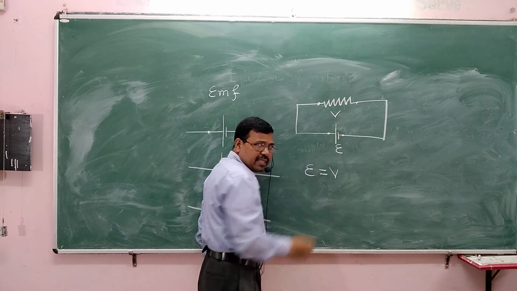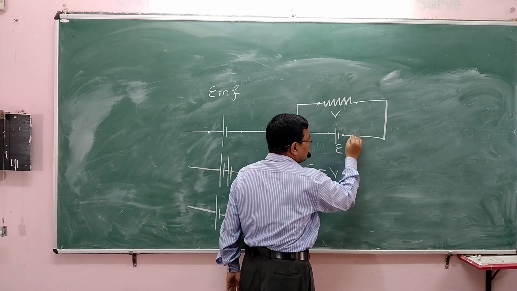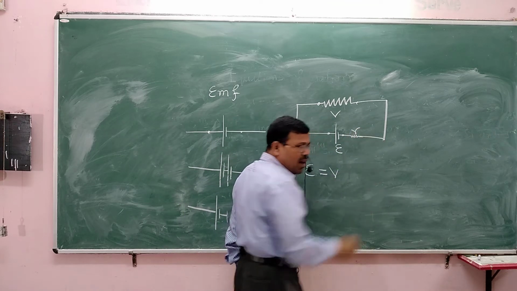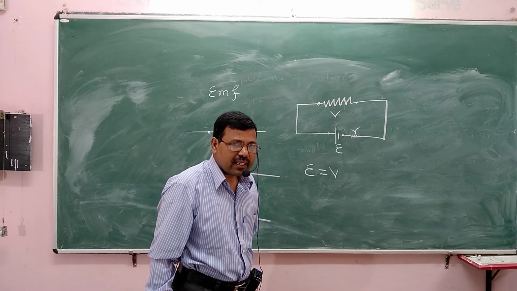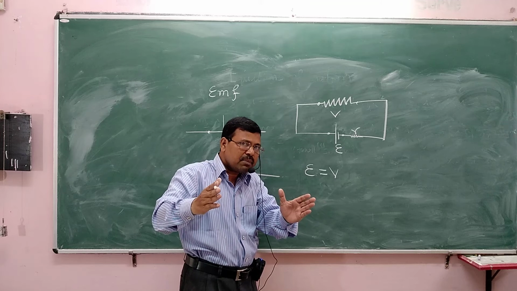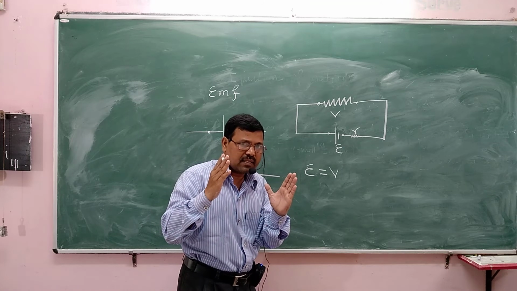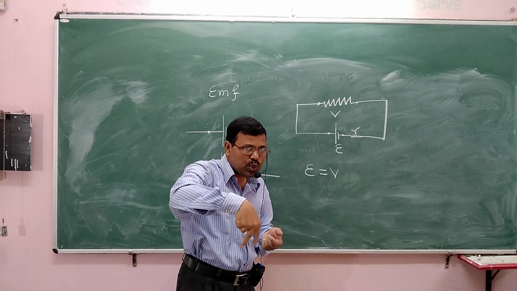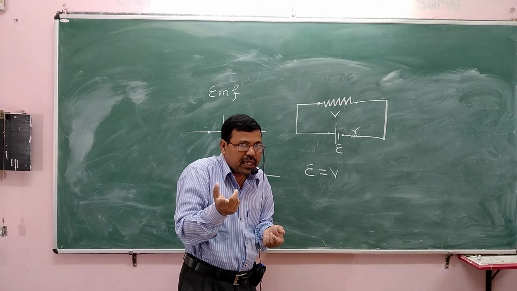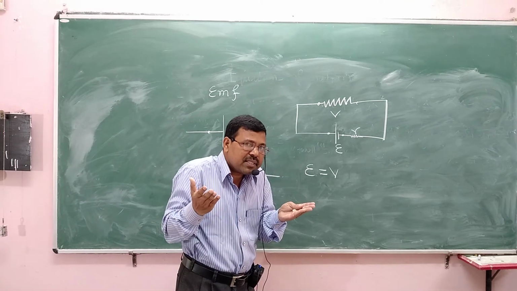And this cell has some internal resistance, that is r. r is the internal resistance of the cell. The internal resistance of the cell depends on the electrolytic substance and the surface area of the electrodes, the positive electrode and the negative electrode. Fine. What is that internal resistance?